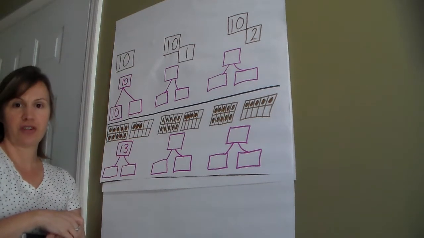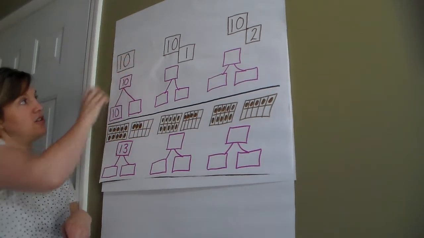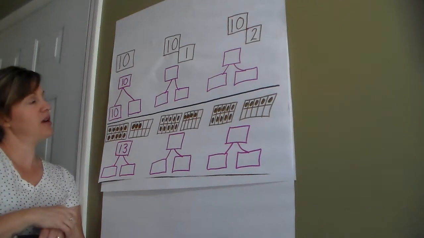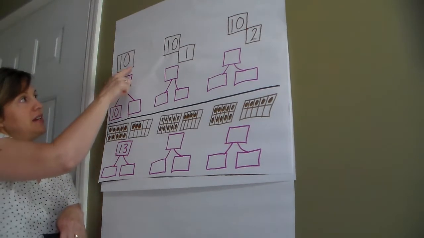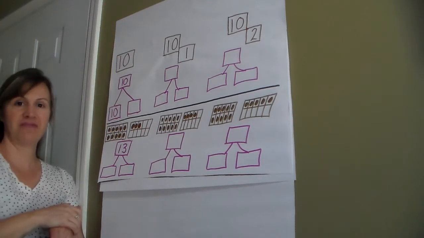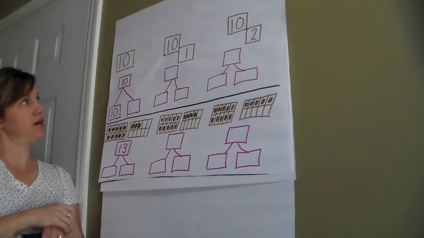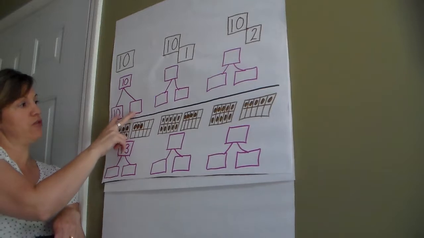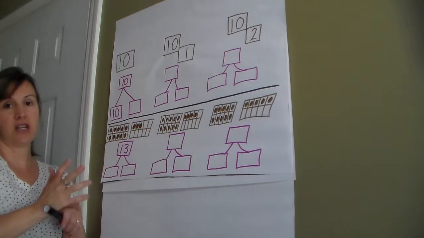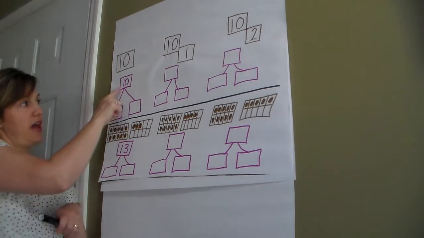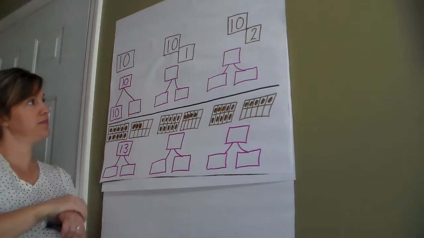So larger numbers. We're going to start with the first card you see up here. So think about what number is in the card. 10. So 10 is the number in the card, and we're going to fill in our number bond. So they've done parts of it. They have the whole 10.